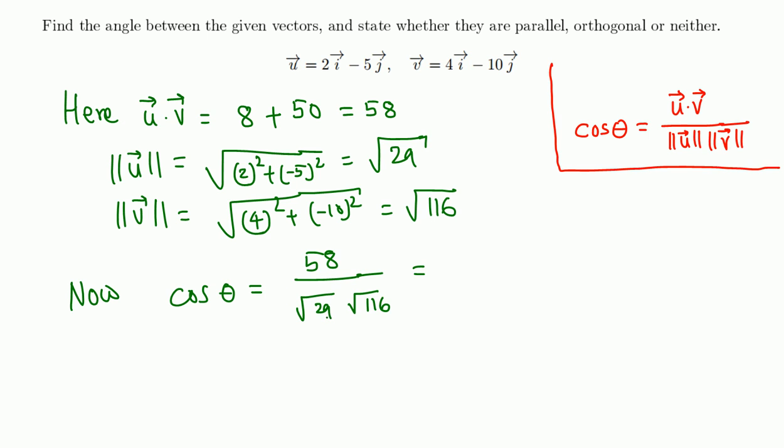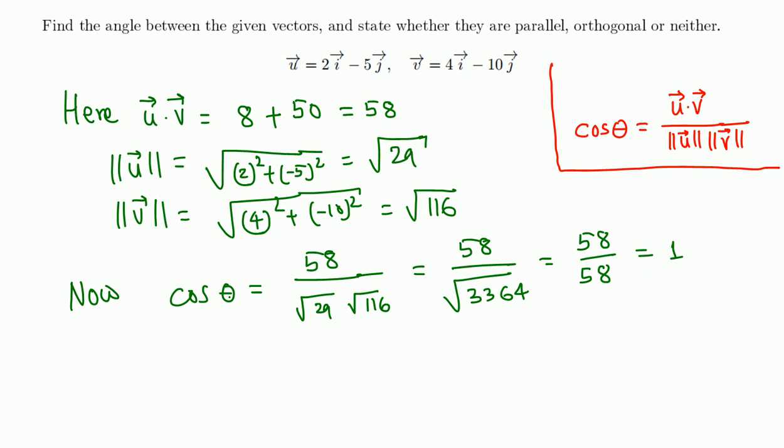Let's multiply 29 and 116. Sometimes the product will be a perfect square, so that we can take the square root. So if we multiply, we get the square root of 3364, and the square root of 3364 comes out to be 58 as well. So 58 over 58, 1.